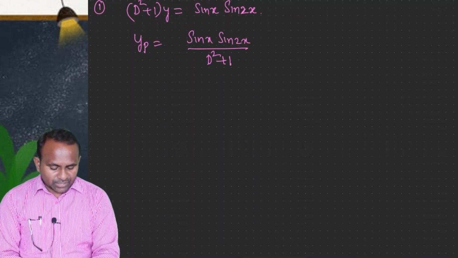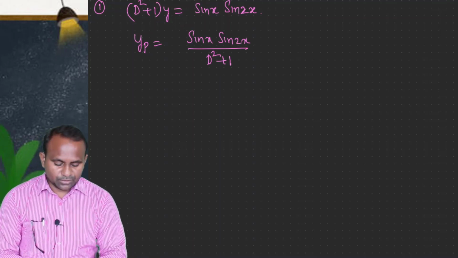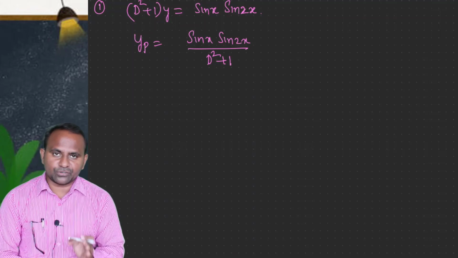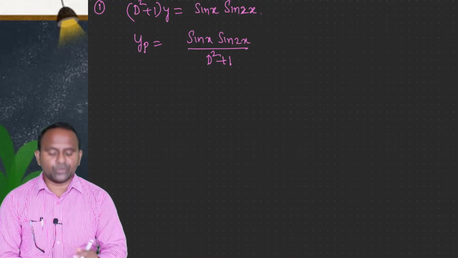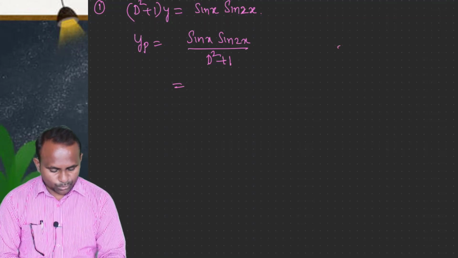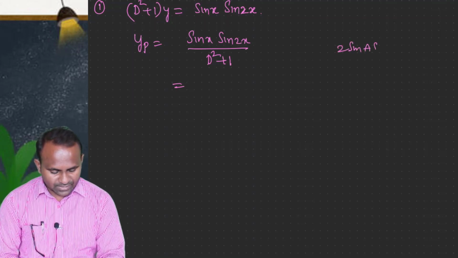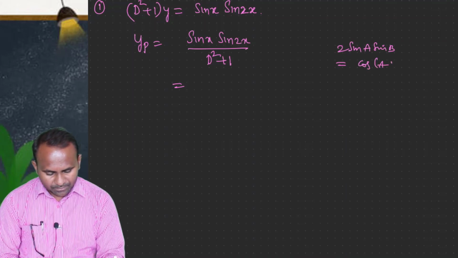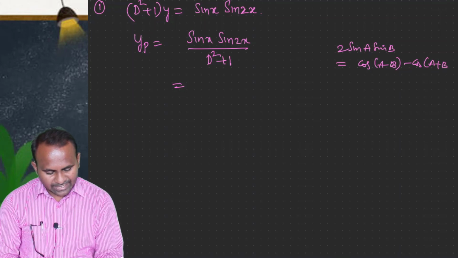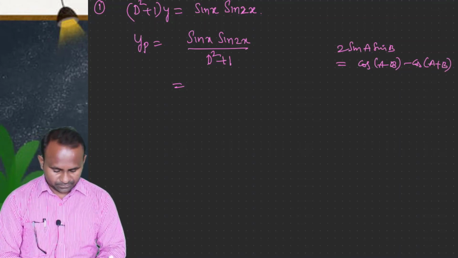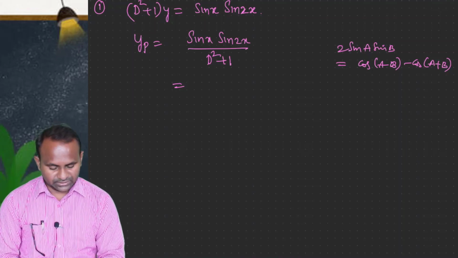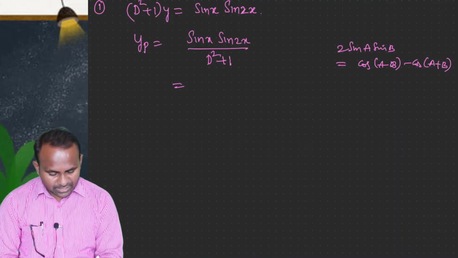But this is a product of two sine functions, which should not be there. A single sine function should be there, so I will be using a trigonometric rule like the 2 sin A sin B formula, which is cos of A minus B minus cos of A plus B. So that you can write that as a sum of two different terms, which will be our known particular integrals.